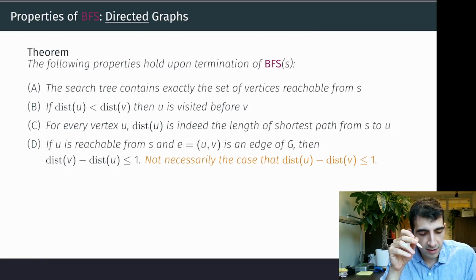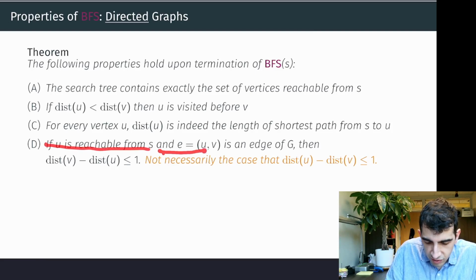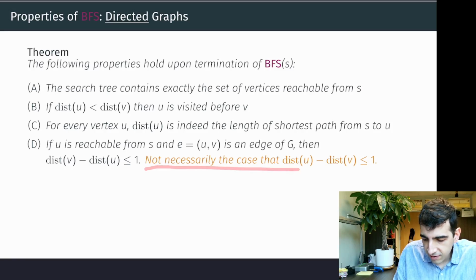The one thing that is different is that if U is reachable from S and there is an edge UV, then the distance of V minus the distance of U is less than or equal to 1. But it's not necessarily the case that the distance of U minus the distance of V is less than or equal to 1.